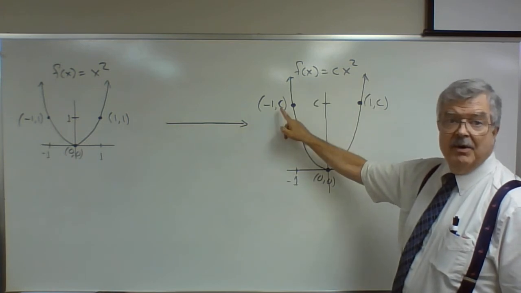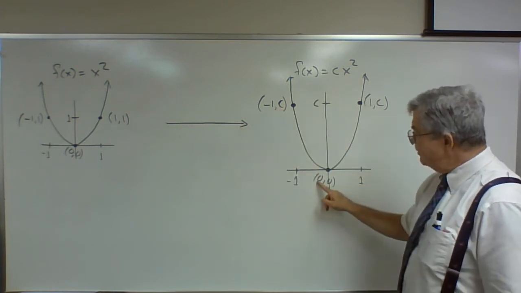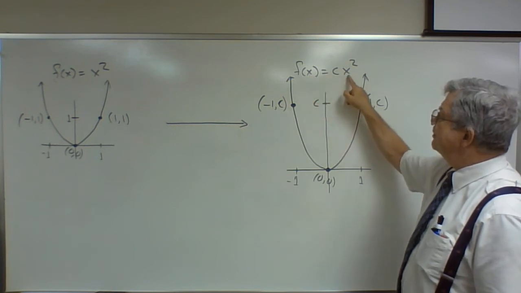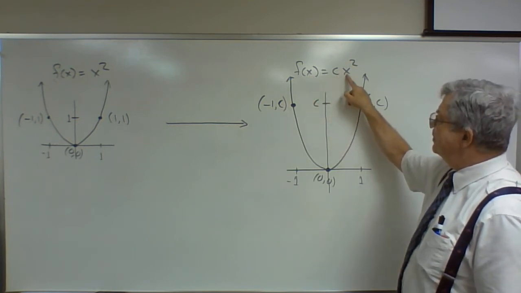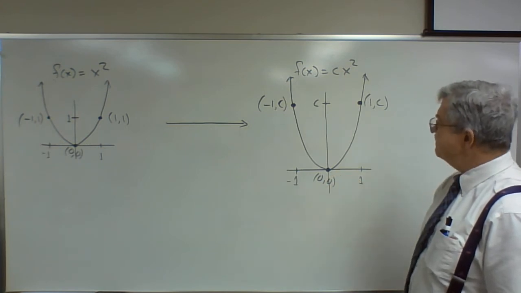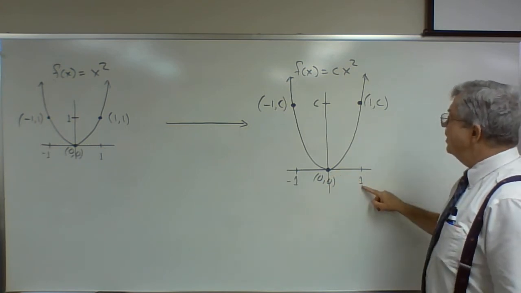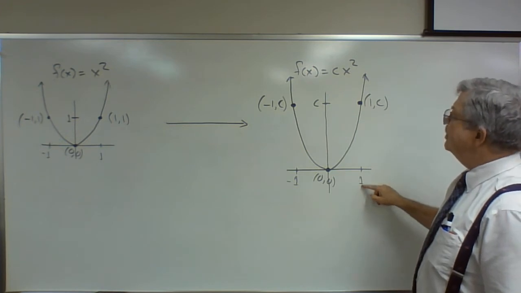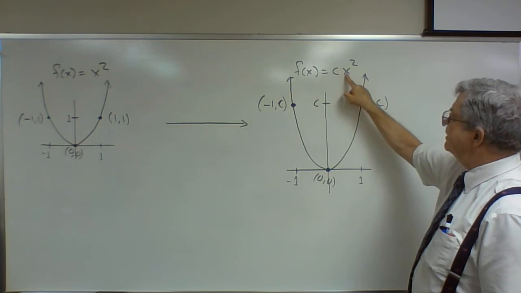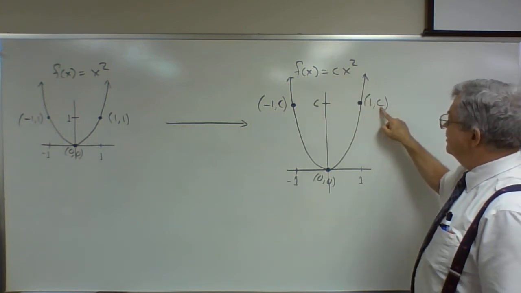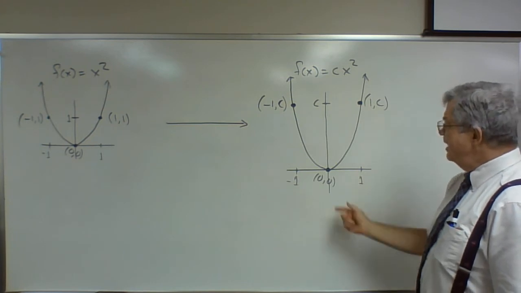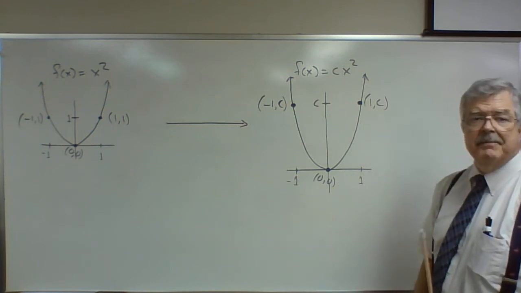There's our y coordinate. When x is 0, we have c times 0 squared, which is 0. That gives us this point. And when x is 1, we plug it in for x, and we get c times 1 squared is c. That gives us the y coordinate when x is 1. And this is what our graph looks like.